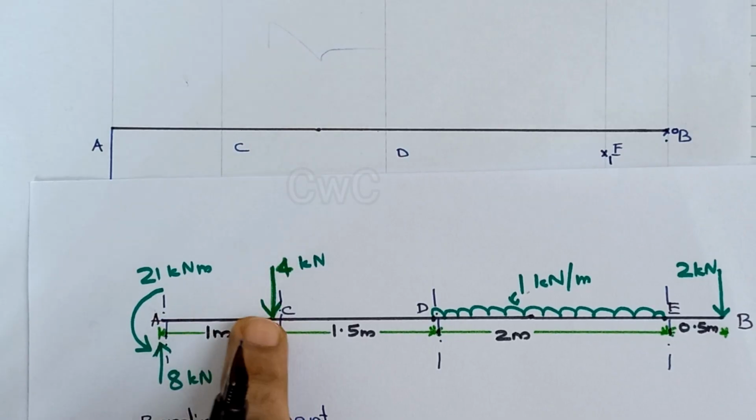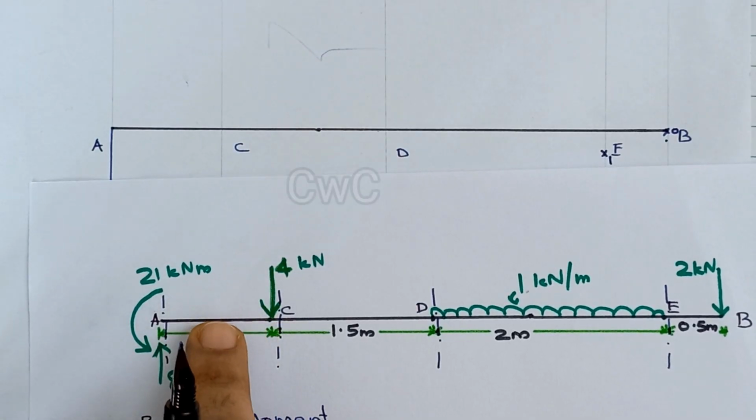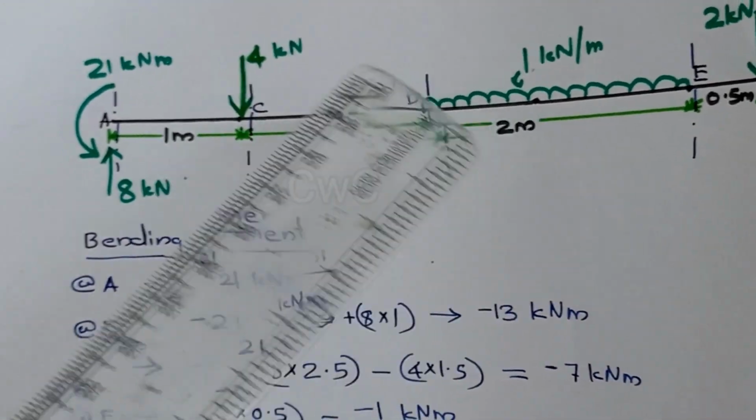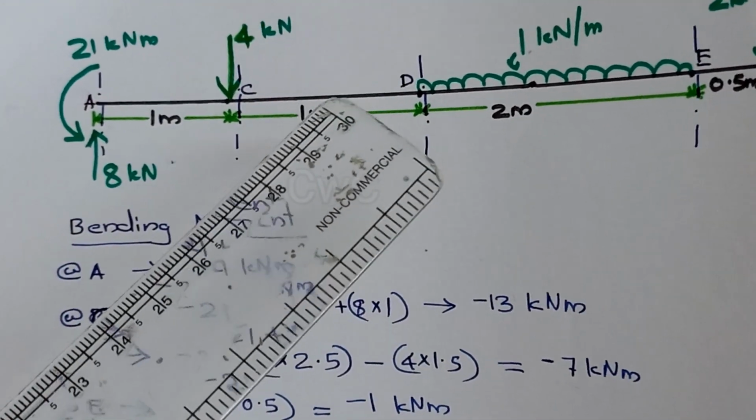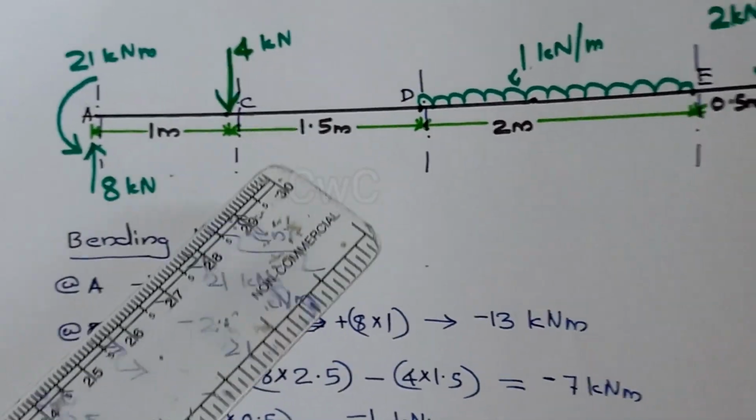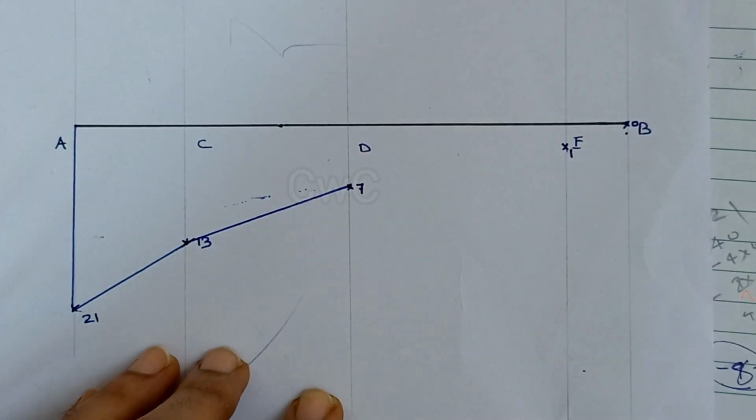From A to C there are no forces. It is zero load, shear will be constant and bending moment will be linear. Similarly, from C to D there is no load, shear will be constant and bending moment will be linear.